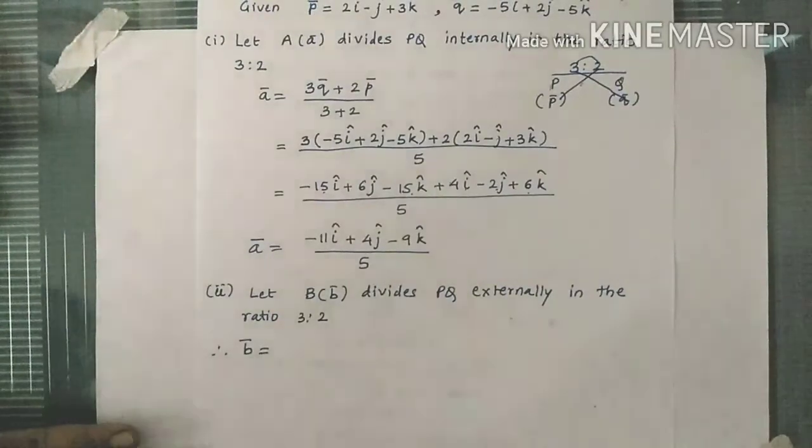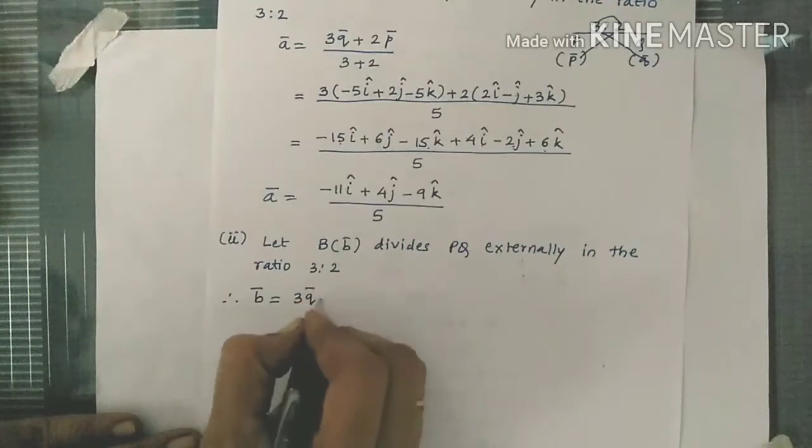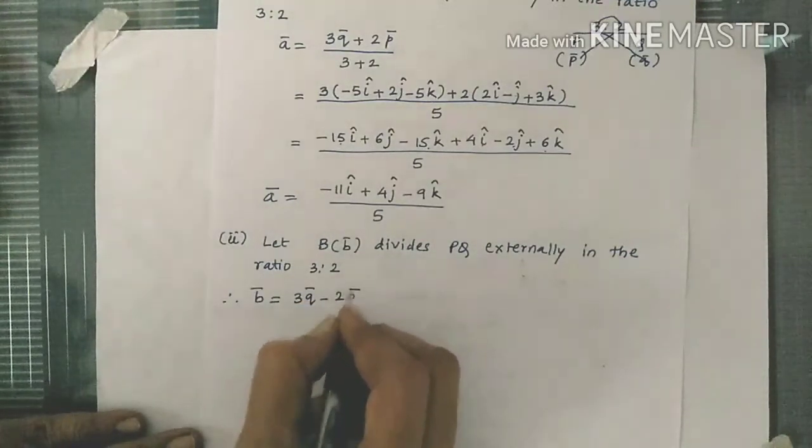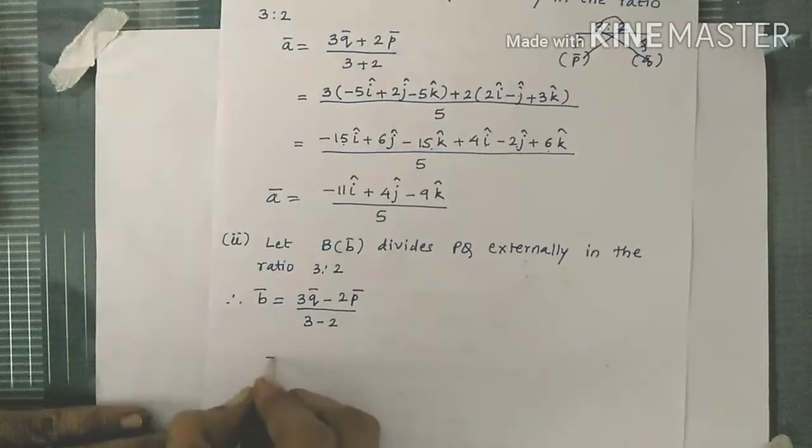Therefore B bar equals 3Q bar minus 2P bar divided by 3 minus 2.